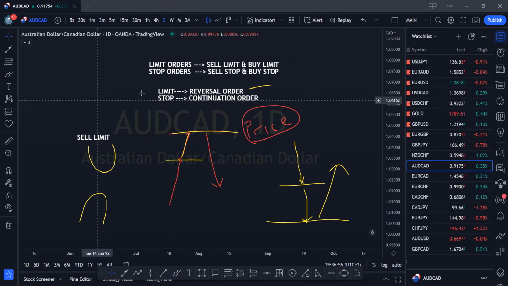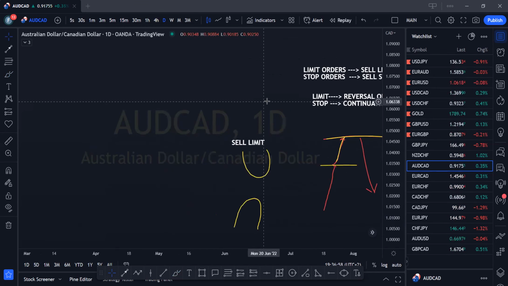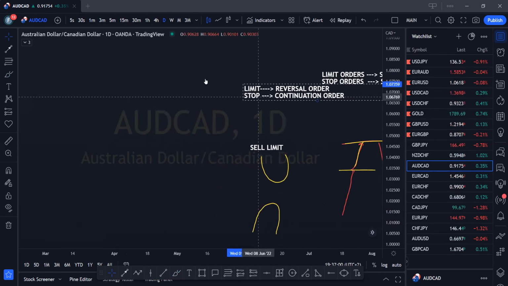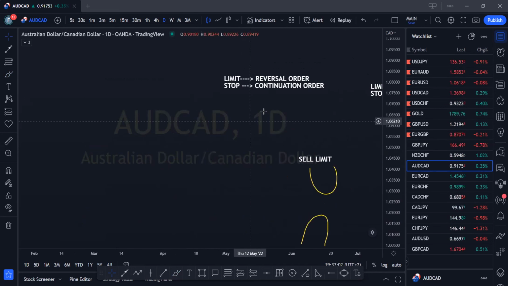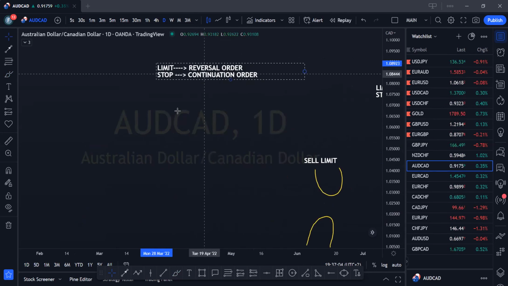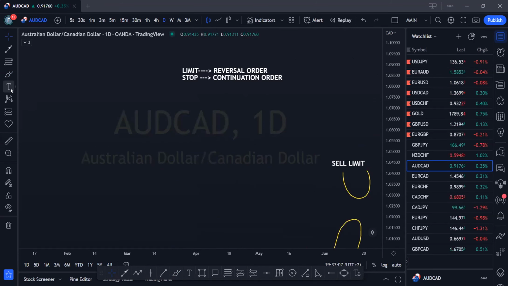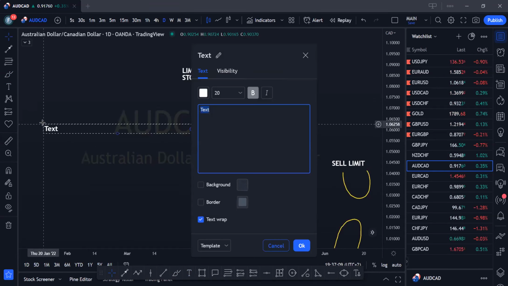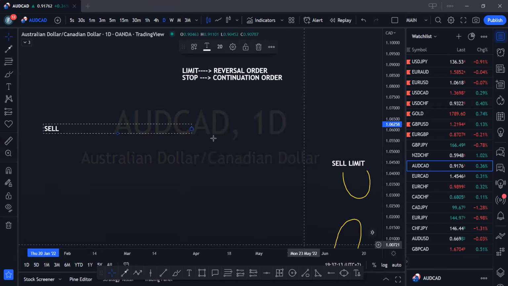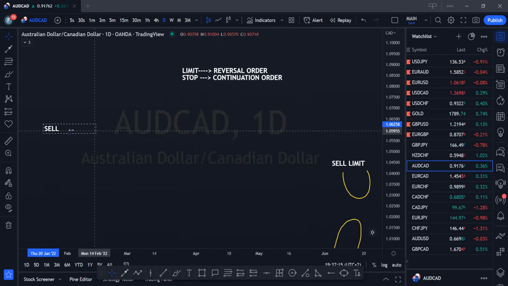A stop order, unlike a limit order, is a continuation order. Let's start with a sell stop. For a sell stop, what it means is that I want to continue the sell. I want to continue the bearish move.